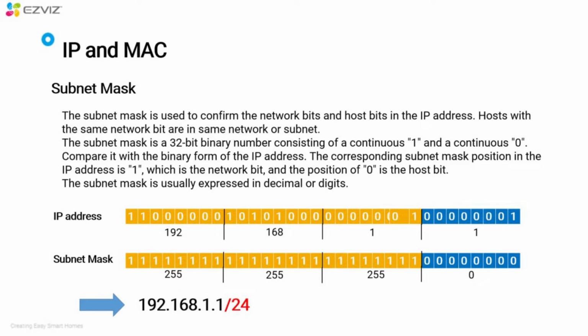For example, 192.168.1.1/24 is equivalent to the historically used subnet mask, which is 255.255.255.0.